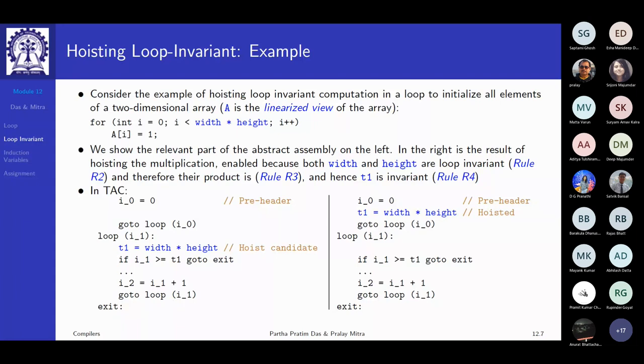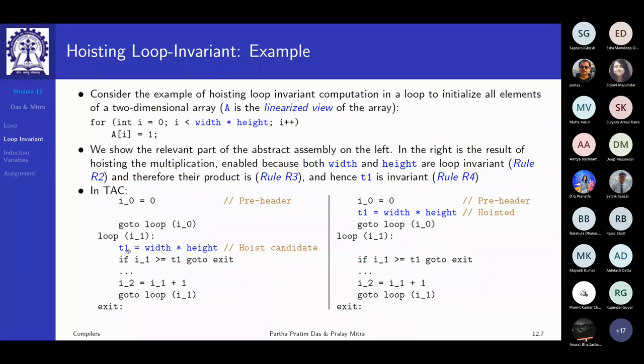Now, if you look into this code, width and height, you can very easily understand that there is no statement in the loop which is a reaching definition for width or for height. So the reaching definitions of width and height must be outside the loop. They must be coming from outside.